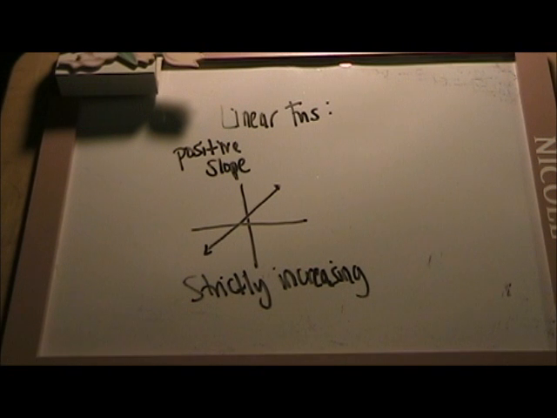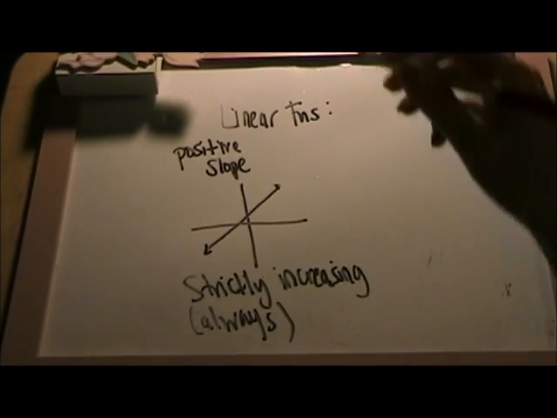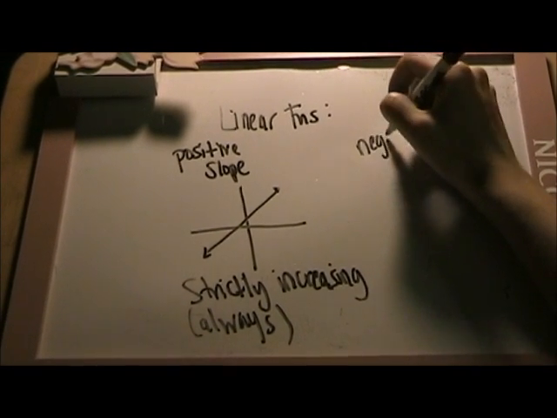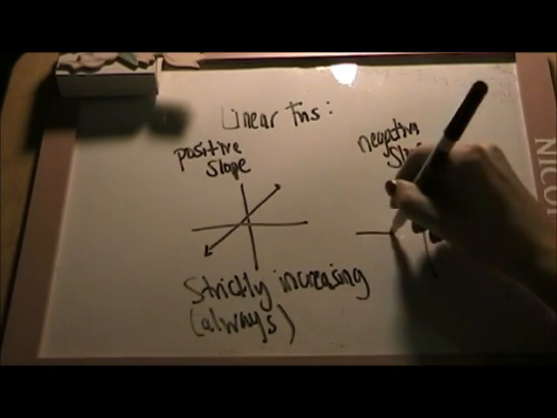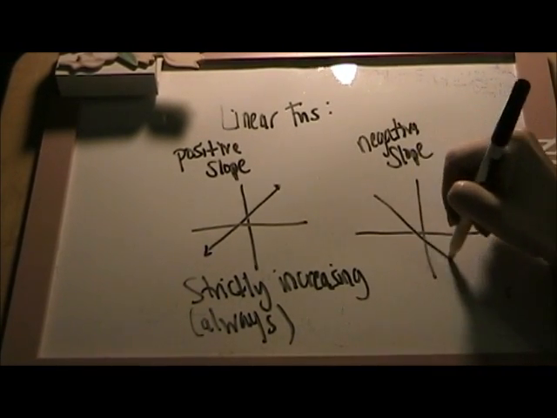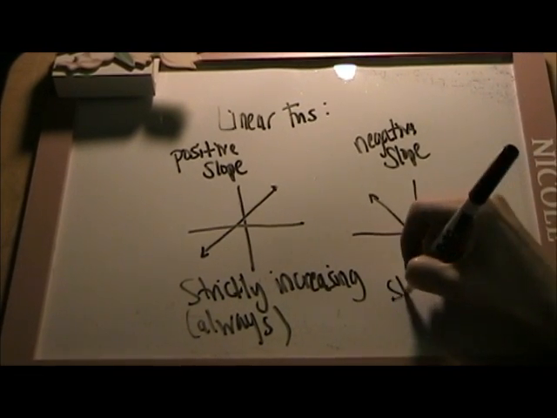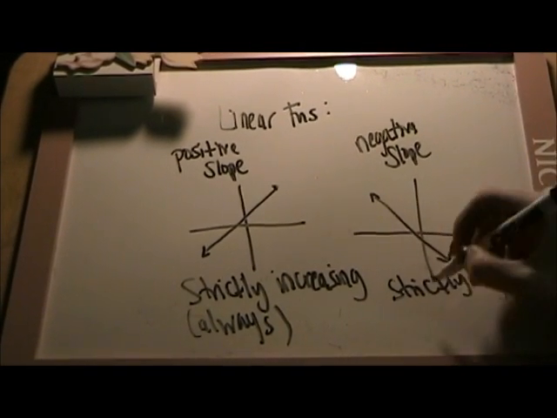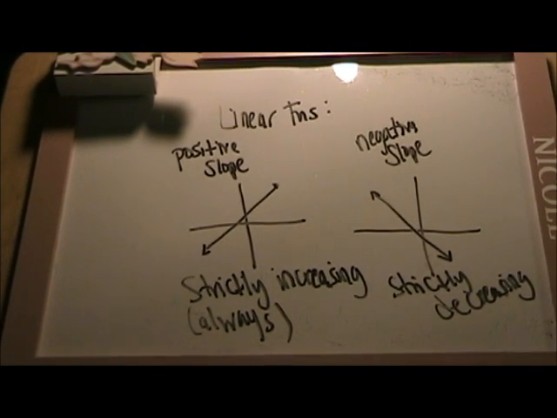Strictly just means always increasing. If a linear function has a negative slope, reading from left to right, it is strictly decreasing. So a linear function is either always increasing or always decreasing, and you determine that by slope.